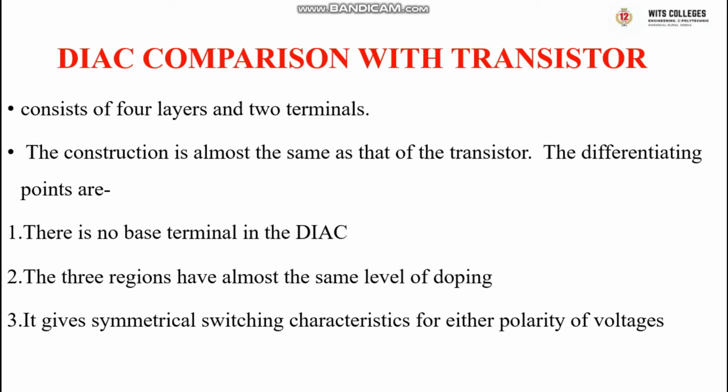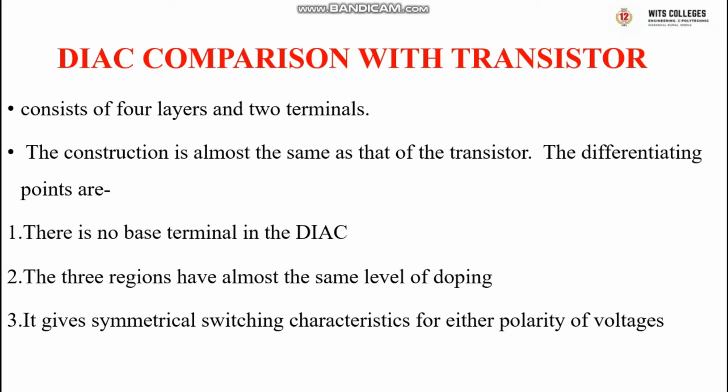Diac gives symmetrical switching characteristics for either polarity of voltage, that is, terminal 1 positive with respect to 2. What characteristics do we get when terminal 2 is positive with respect to terminal 1?